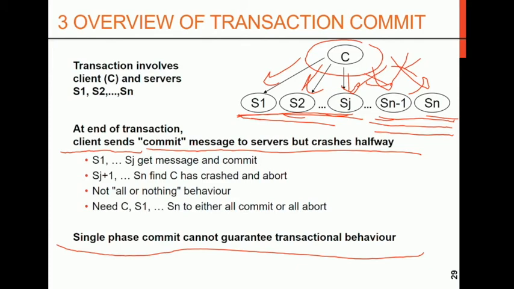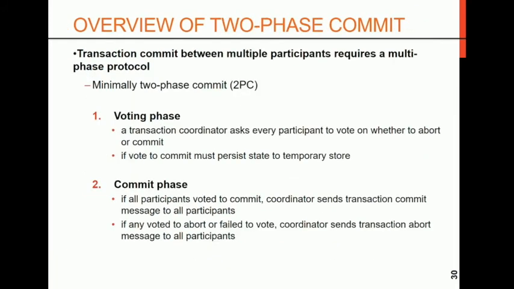Rather than just sending the commit message on its own, we have an additional phase, as I said earlier, called a voting phase. Before you ask to commit, the transaction coordinator asks every participant to vote on whether to abort or commit. If they vote to commit, then each object must persist its state into temporary storage.